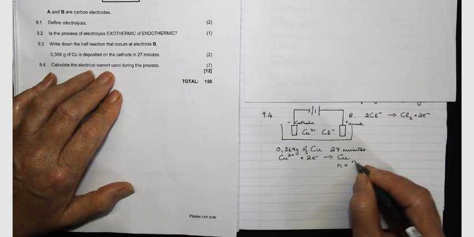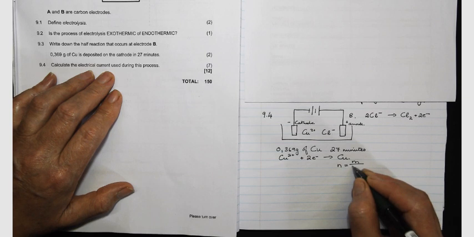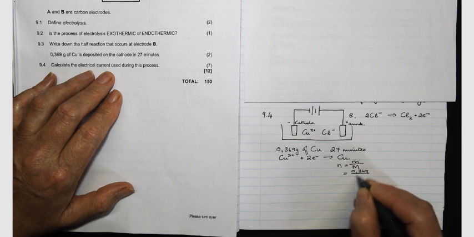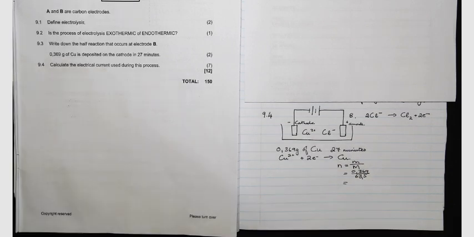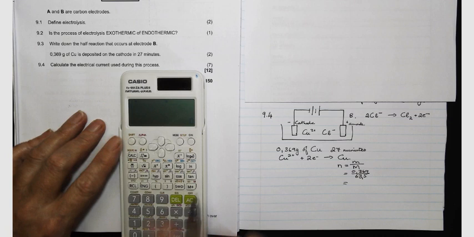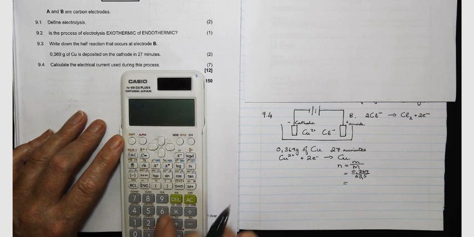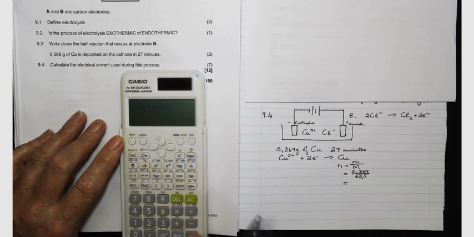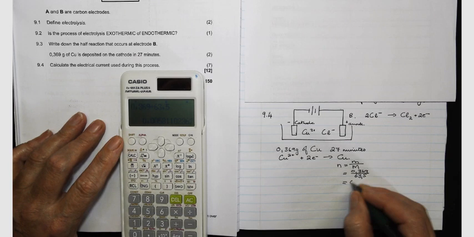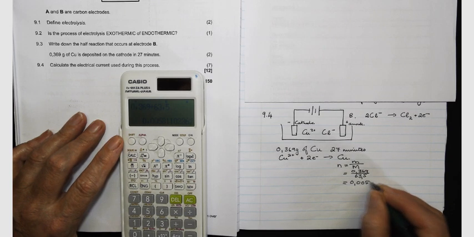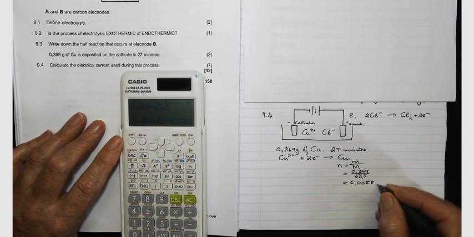So it's the mass of copper divided by its molar mass, which is 0.369 divided by 63.5, and that gives us 0.0058 mole of copper.